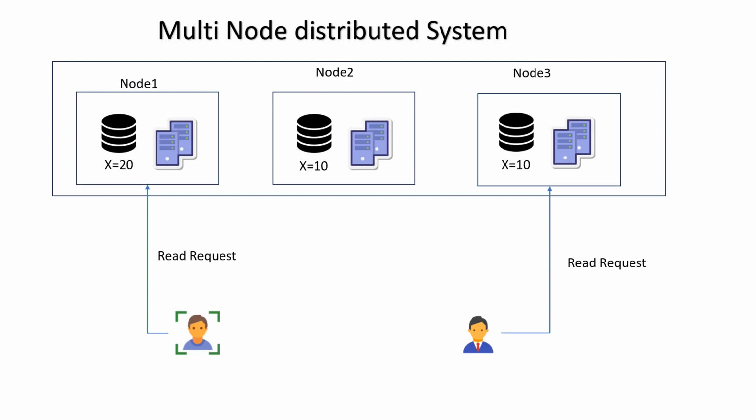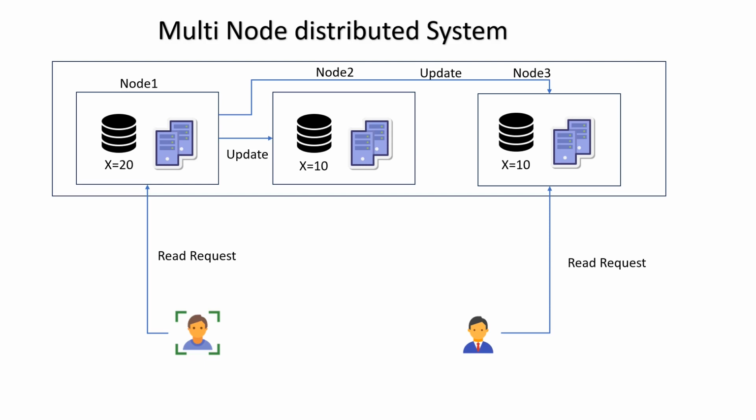Clients will get an old value which is not applicable at the moment. How do we avoid this situation? Node 1 must send updates to node 2 and node 3, so that they are made aware that the value of x is now 20 and no more 10.